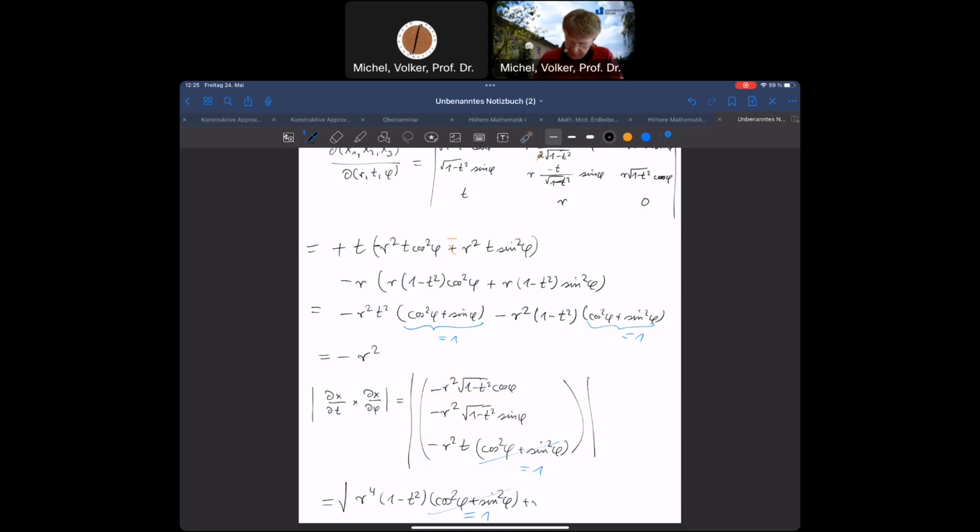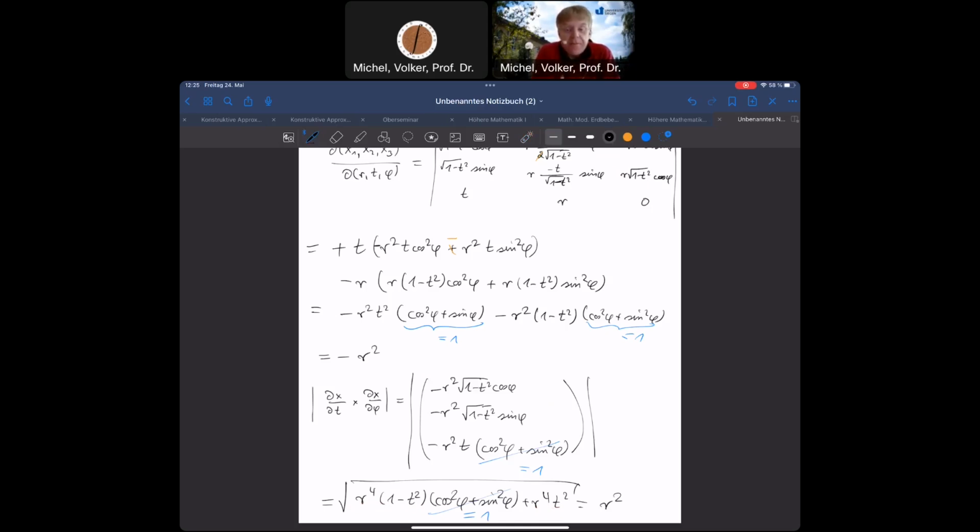So it's an r to the 4 and a t squared. So if you calculate this, you get something that you already know from above. So it's an r to the 4, which you get here. And then you get an r to the 4 times minus t squared, and then r to the 4 times plus t squared. That cancels out. So you have only r to the 4, and the square root of that would be r squared. Remember that r is anyway non-negative.